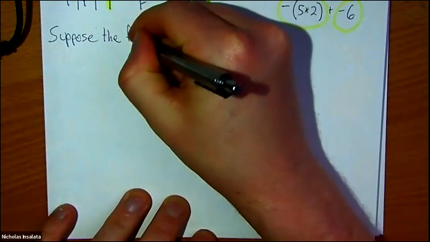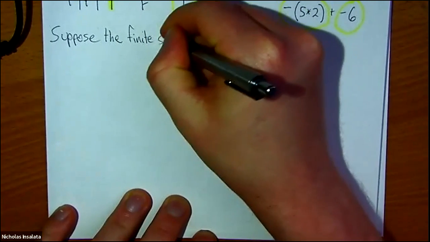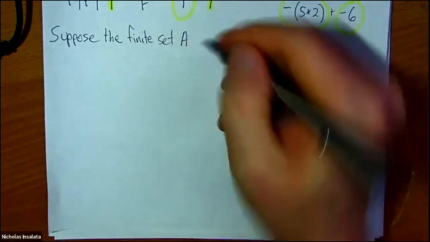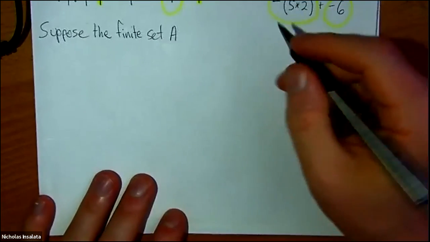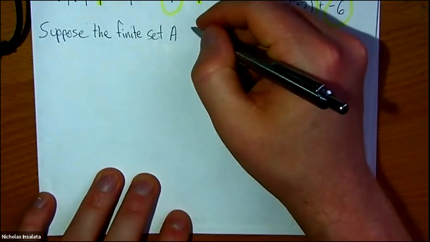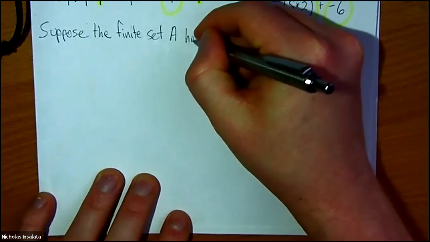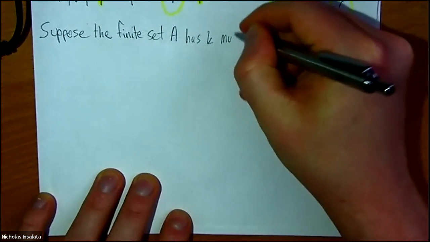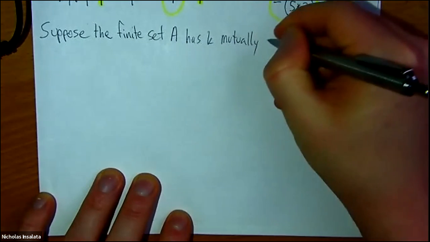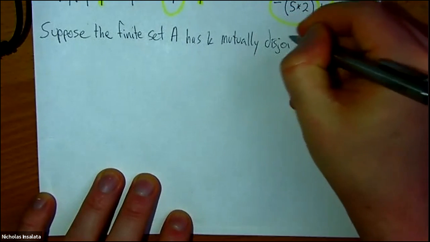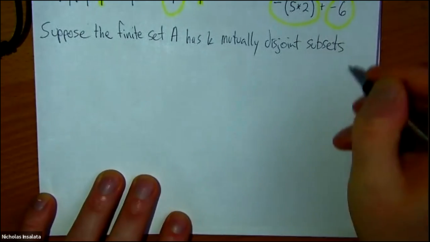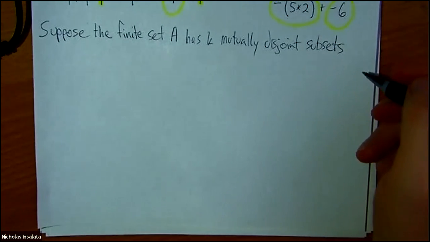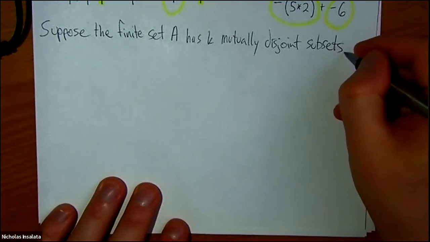Suppose the finite set A has k mutually disjoint subsets.